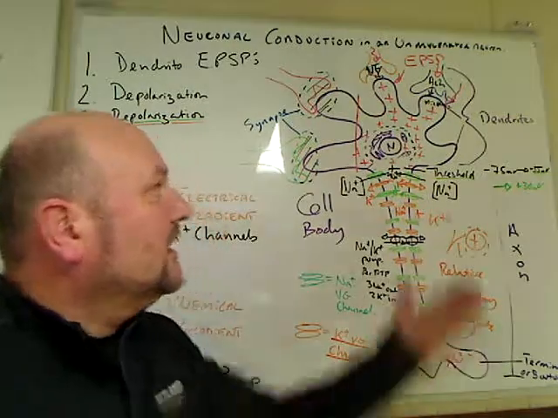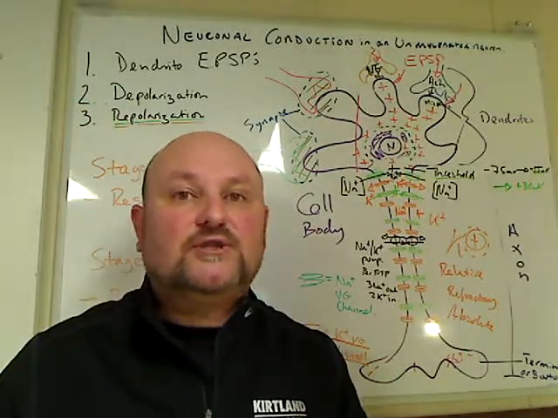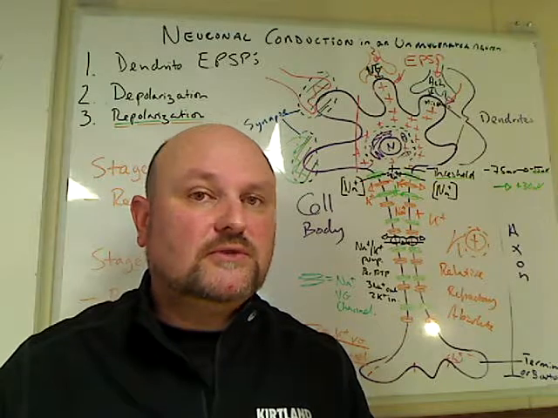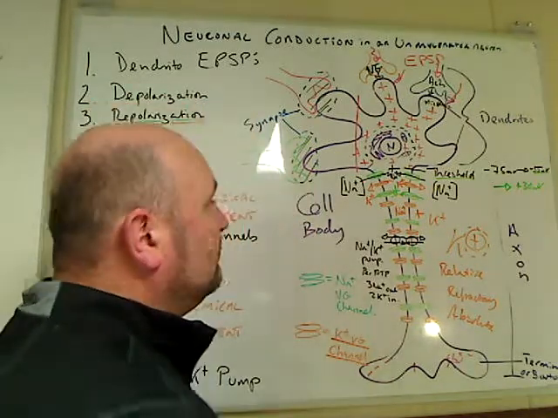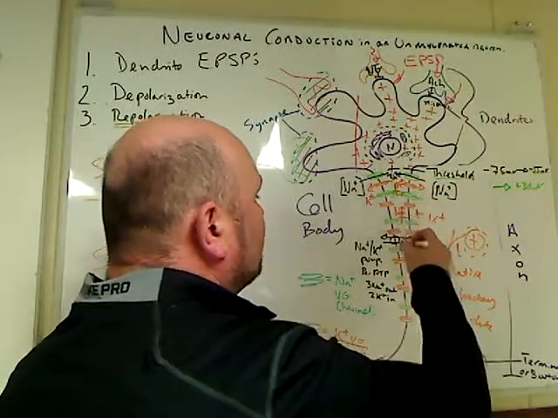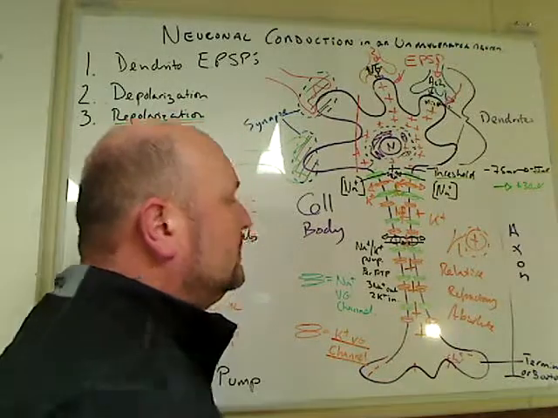Now that is how an unmyelinated neuron conducts an action potential, which we talked about in depolarization. And all an action potential is, is the appearance of the positive charge moving down the axon.